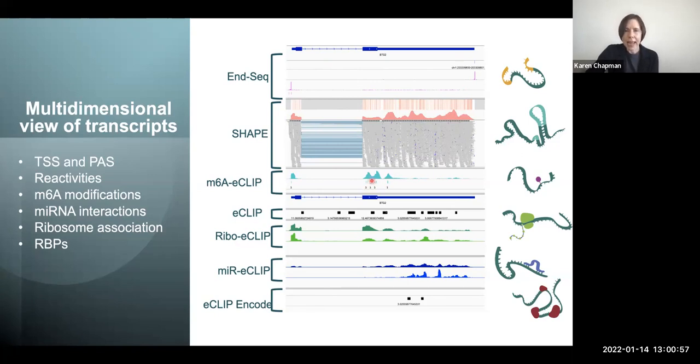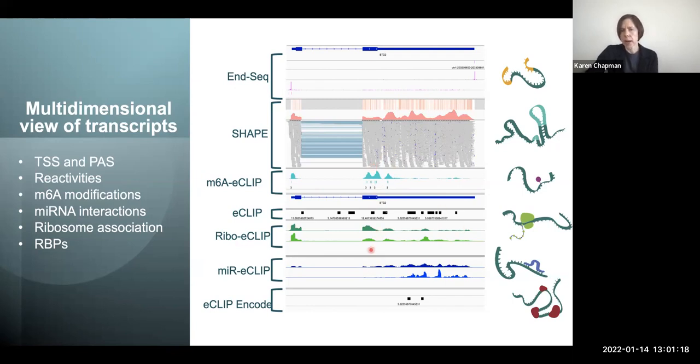Here's your m6A and the individual single nucleotide m6A modification sites, which you can see are really concentrated near that junction of the final exon with the 3' UTR. And that's a known hotspot for m6A modifications in the literature.